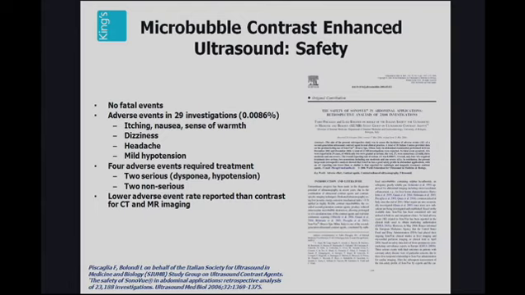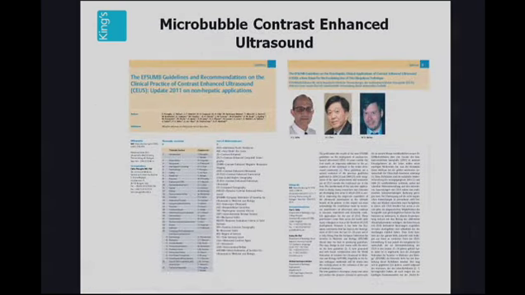However, in Europe and in the Far East, but not yet in the United States of America, this contrast agent is only licensed for use in a limited number of areas. It is licensed to be used in the liver, the heart, the breast, and for vascular areas.